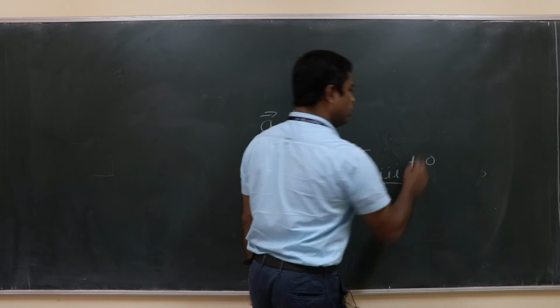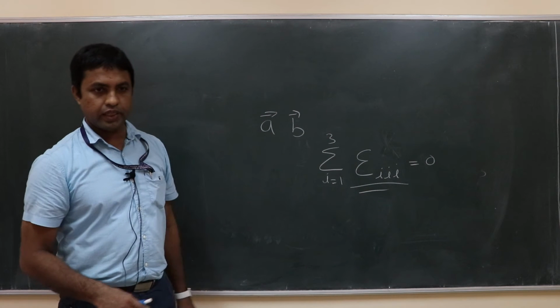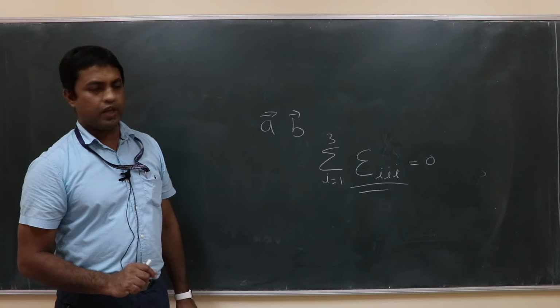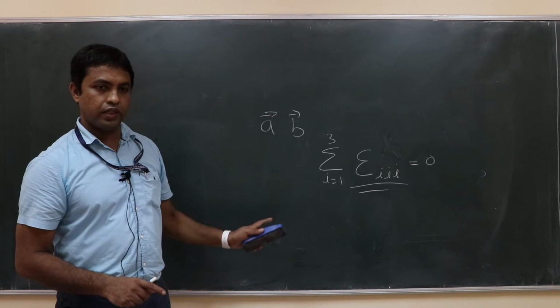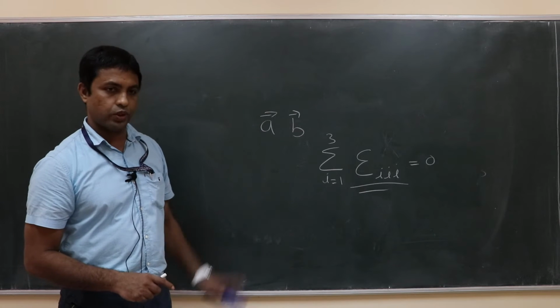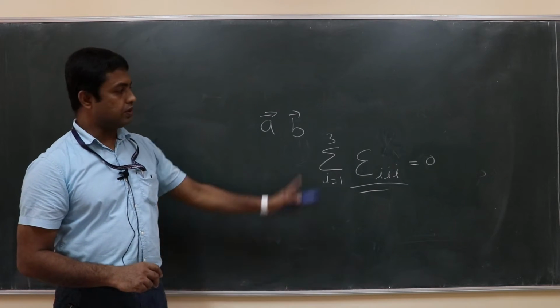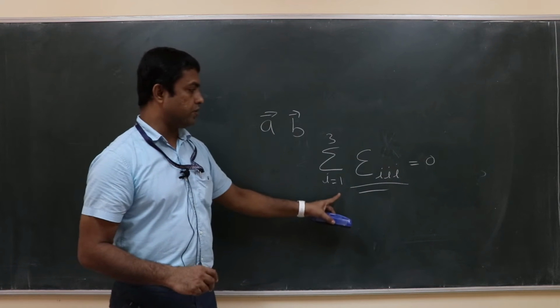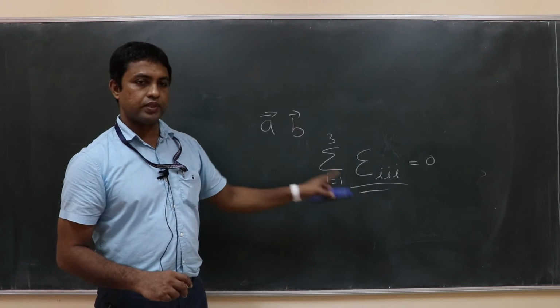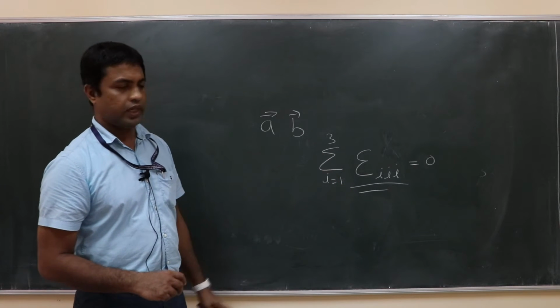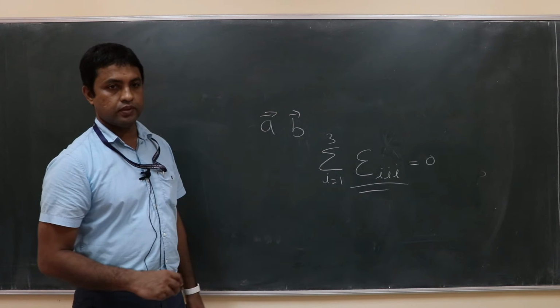You can do that, but you are not using that convention, that's all. But if in your calculation you are using the summation convention and index notation, don't write like this. So how many terms is this? Epsilon 111 plus epsilon 222 plus epsilon 333. There are 3 terms in this.